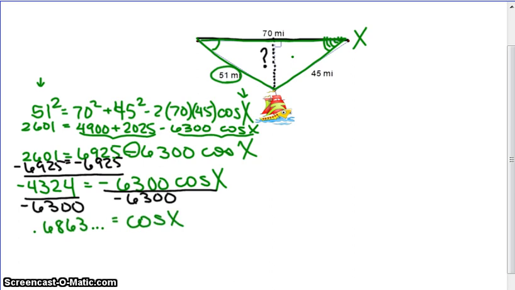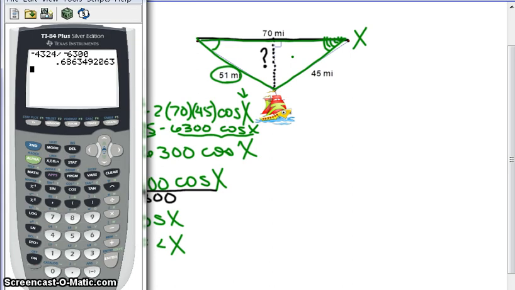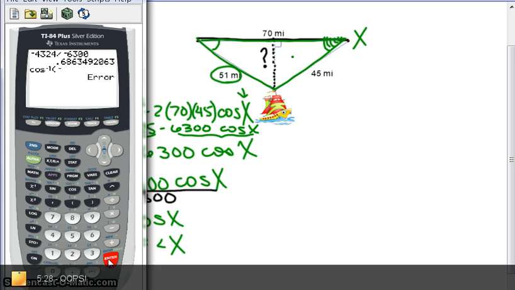How do you get angle x? Well, I take this thing and I inverse cosine it. So that will give me my angle x. Now remember, that's not my final answer, but I've got that 0.6863 number up there, so I'm just going to hit second cosine and use my answer button. Whoops, it didn't come up with answer.